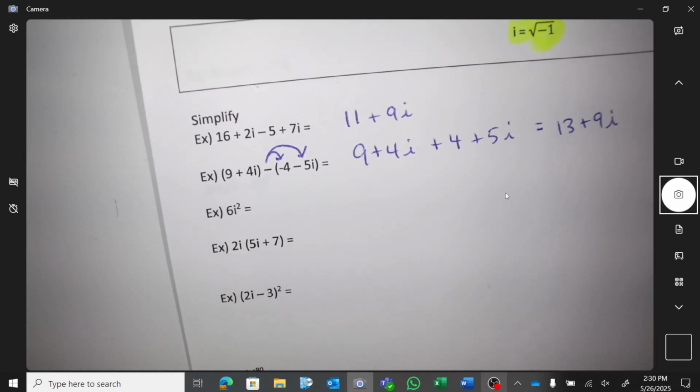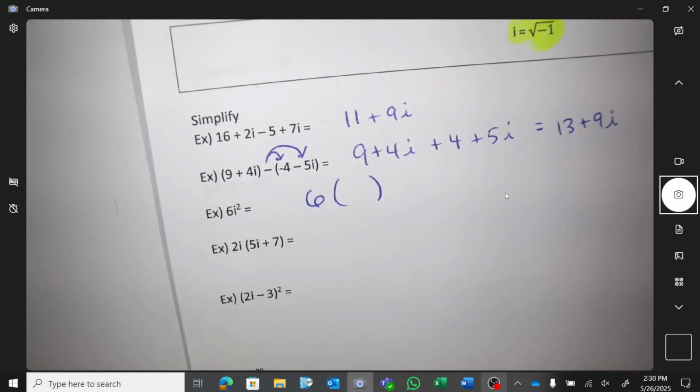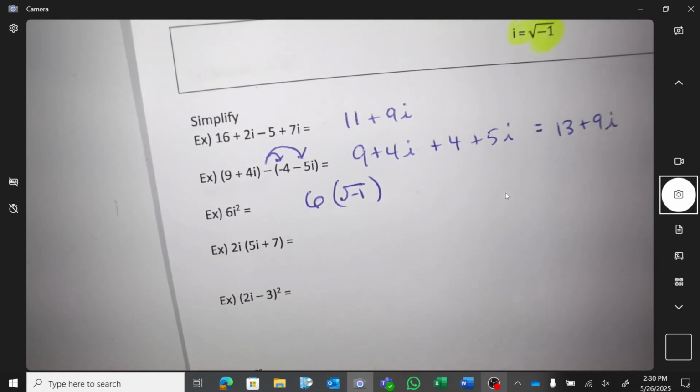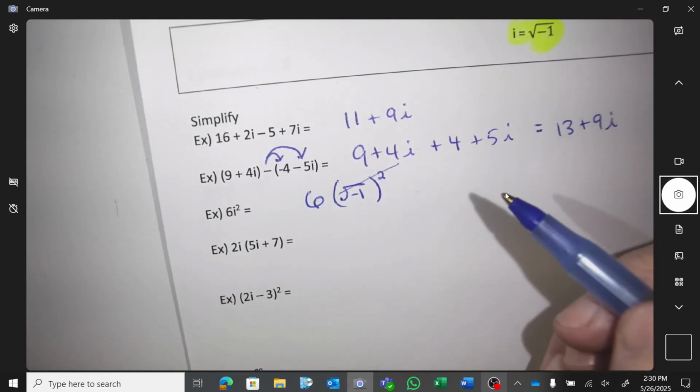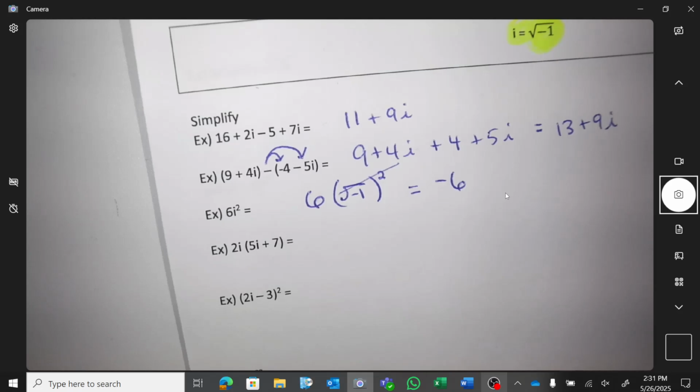So 6 times i squared. What is the value for i? The square root of negative 1. And then we're going to square it. So what happens when you square a square root? They cancel, and it's just negative 1. So this answer would be negative 6.